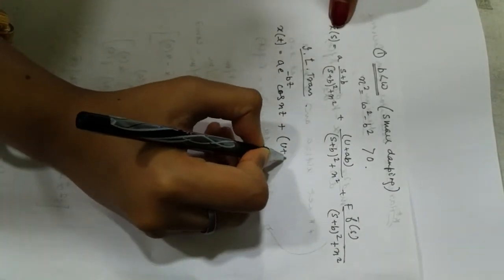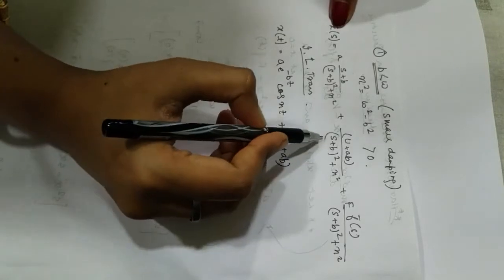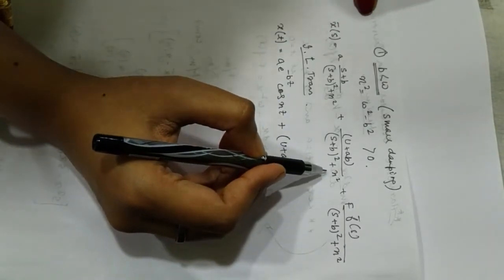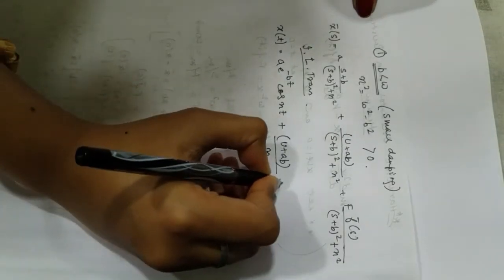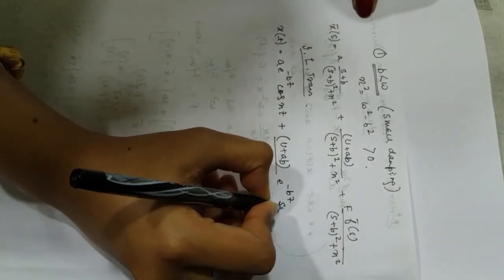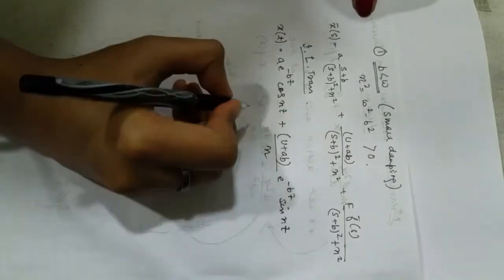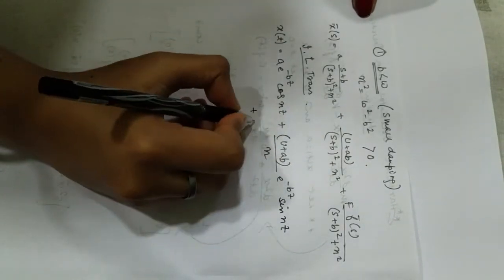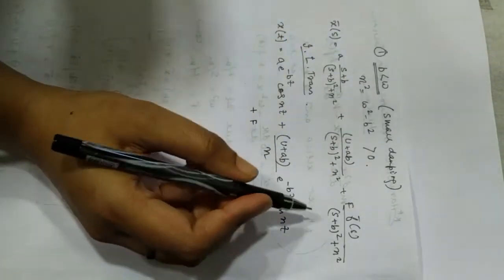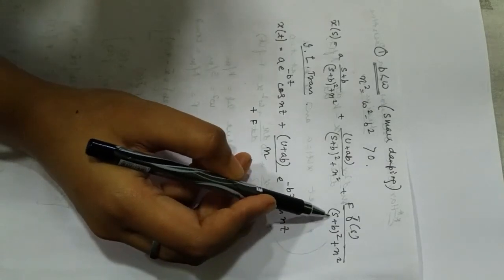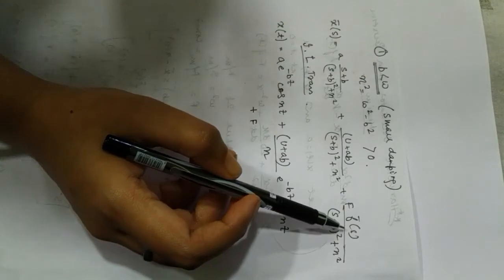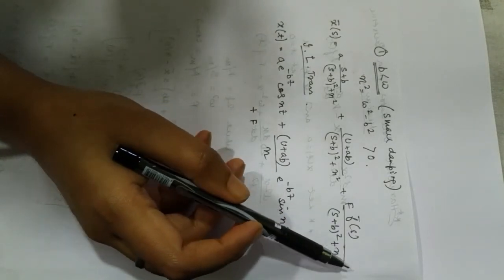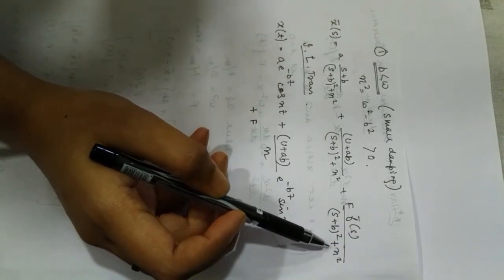This u plus ab is constant, it comes out, and the inverse Laplace of this is of sine form. So we have u plus ab divided by n e to the power minus bt sine nt plus the f is the constant. Now over here we have two functions of s. We can separate in two functions. One is f bar s and the other is 1 divided by s plus b whole square plus n square.